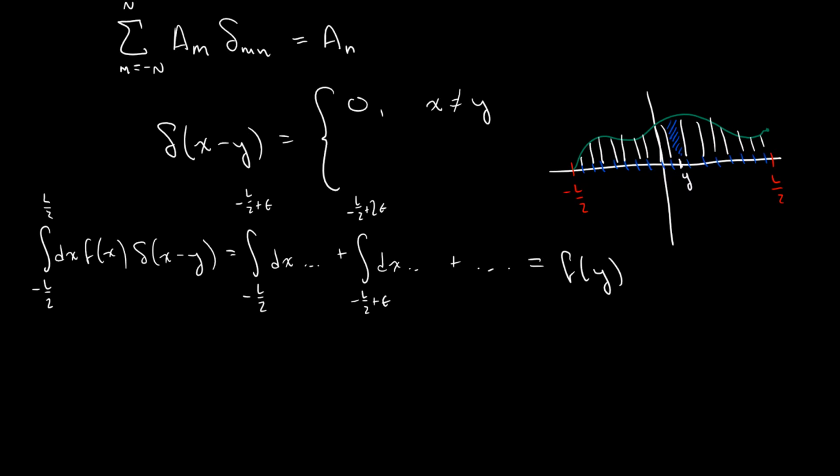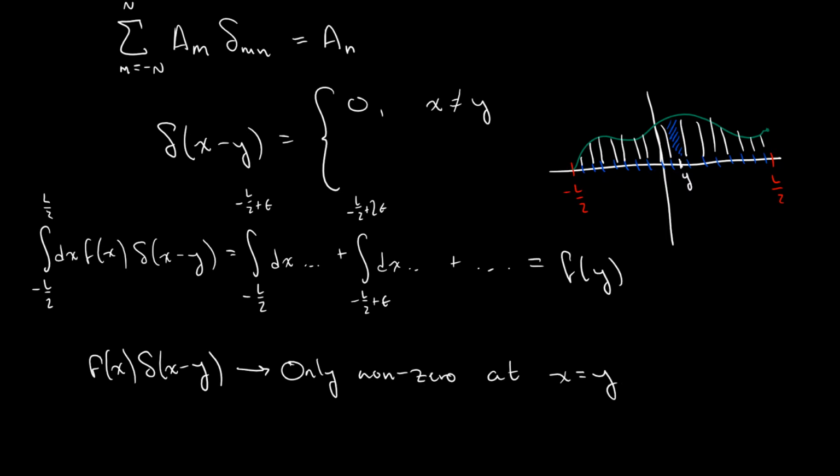But here's the problem. If I just look at f of x delta x minus y, this is only non-zero at x equals y. But it gives me some finite result. Now I know that I can interpret this integral as a sum of all of the little areas under the curve.